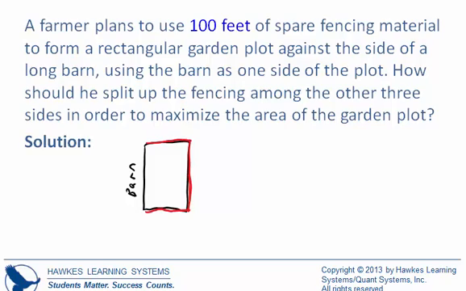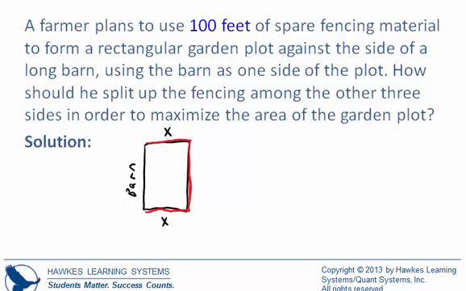So let's let x represent the length of one side of the plot. So let's let x be this side. So what else do we know if that's the case? If it's a rectangle, we know that the bottom side will also be x. And what about this side? Well, we know that the total amount of fence that he has is 100.